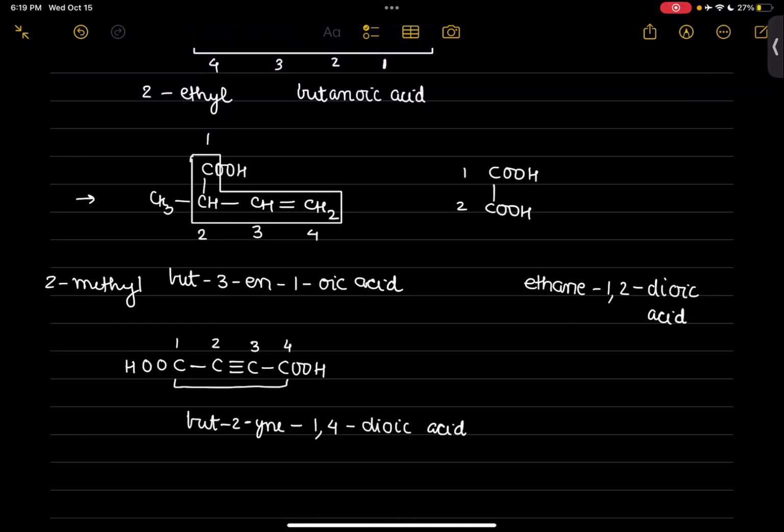Now this is a bit tricky. So let's try it first and then we are going to sort it and make it simple.